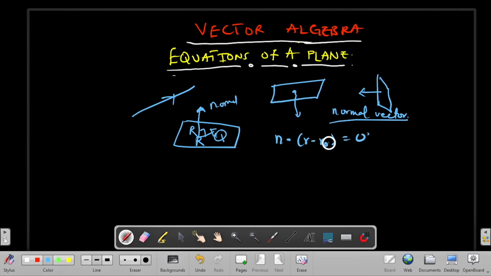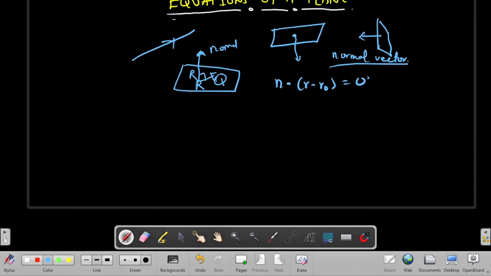I'm using r and r naught to symbolize vectors in space, where r naught is what you know and r is what you don't know. Taking a known point and an unknown point, if I subtract, I get a vector, and I find the dot product with my normal vector, and that should give me 0 for them to be perpendicular. So the equation of a plane stems from this.